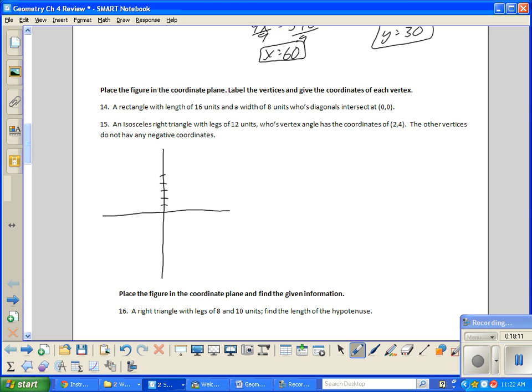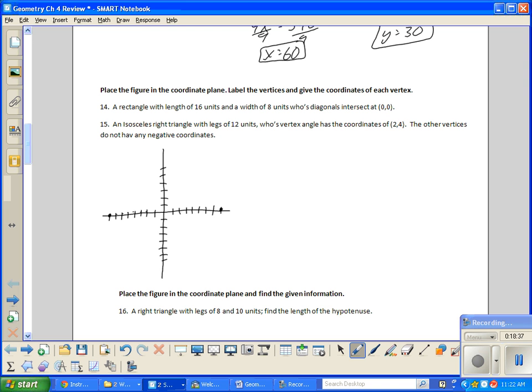So if it's got a length of 16 units and a width of 8, then I'm going to go 8 to the right and 8 to the left. 1, 2, 3, 4, 5, 6, 7, 8. Cutting 16 in half. 1, 2, 3, 4, 5, 6, 7, 8.